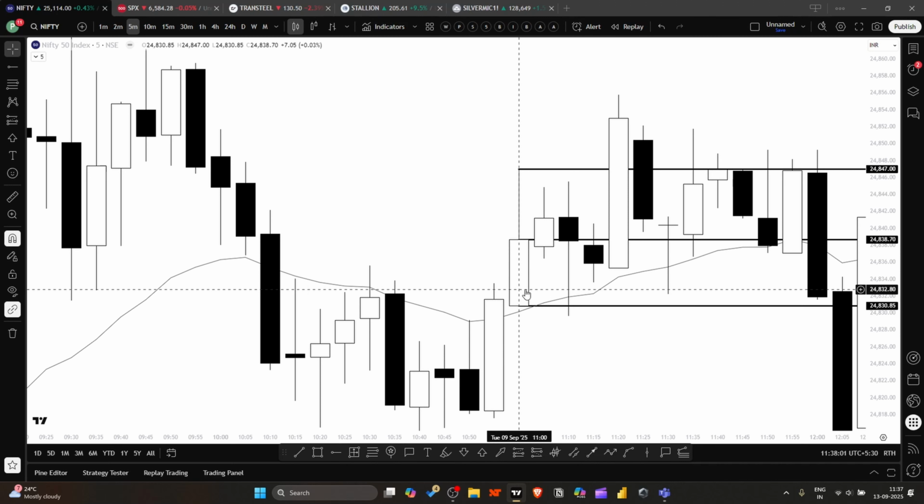The smaller the tail, the better, because price did not go below the opening price much. Now, what do you compare it with? I'm saying negligible, or it should be non-existent. Negligible when compared to the range of the candle.